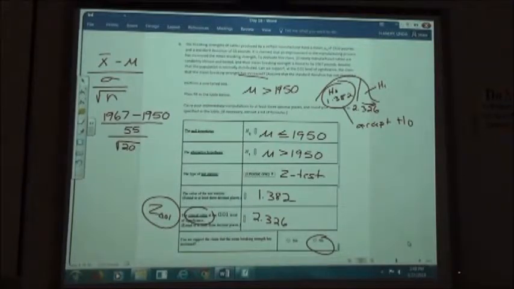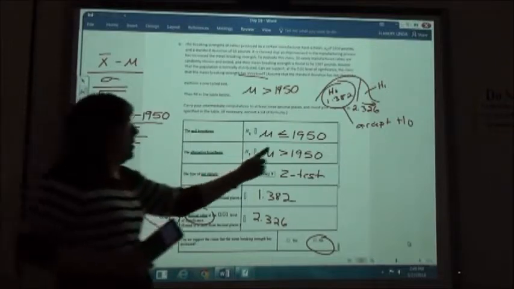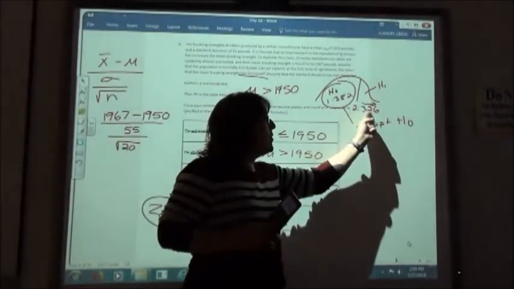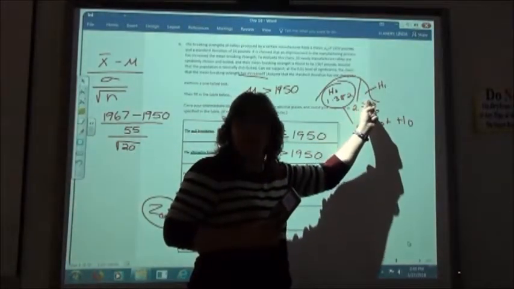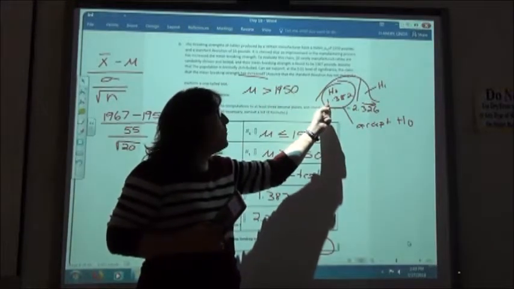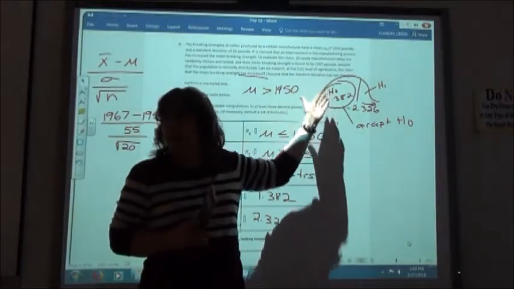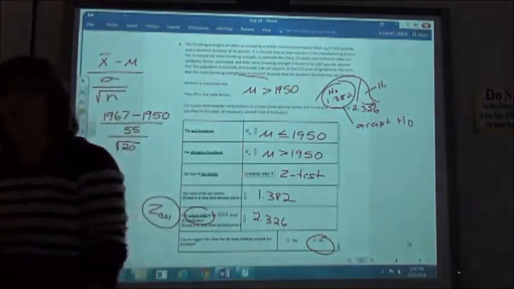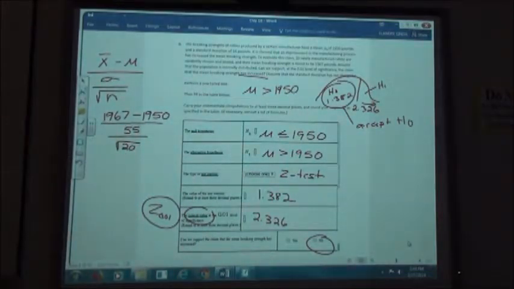So it is showing us that the greater than 2.326 was this section here. Since our test value was 1.382, we had to be in the other section, which is the null hypothesis. So you can do at least a little bit of double checking with your numbers.